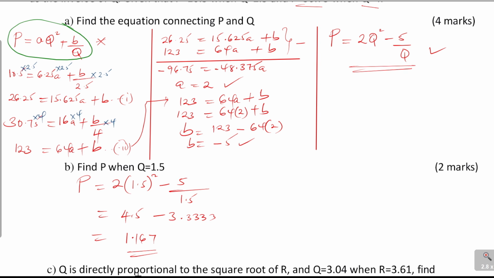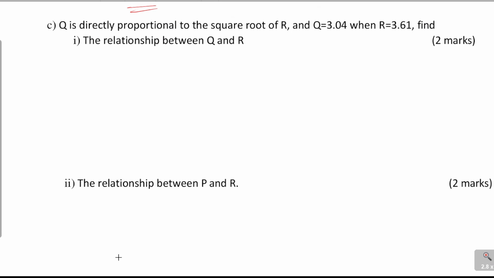We go to the other part. Q is directly proportional to the square root of R, and Q is equals to 3.04 when R is equals to 3.61. Find 1, the relationship between Q and R. So Q is directly proportional to the square root of R, like that.